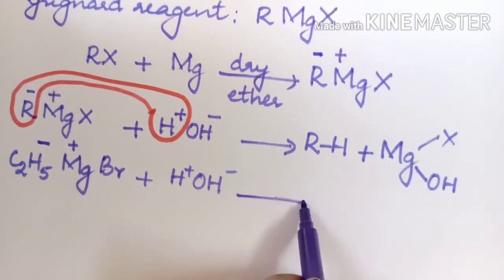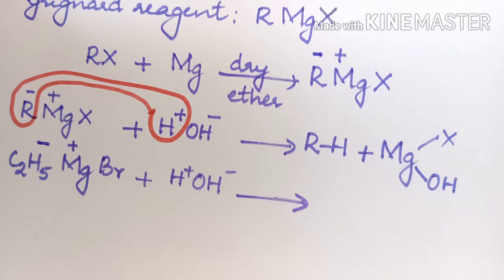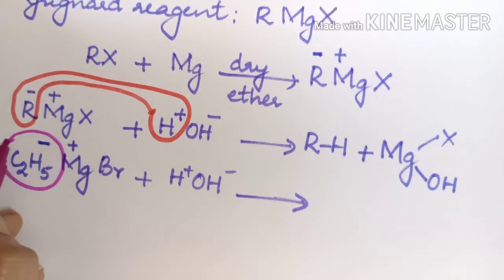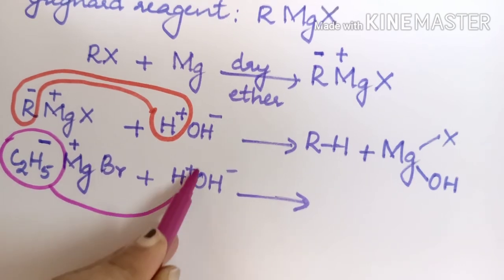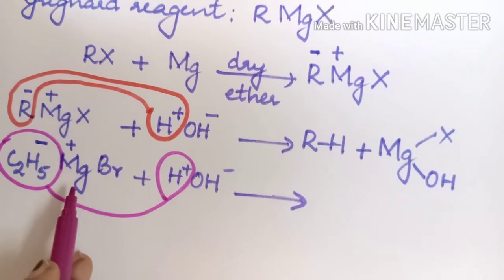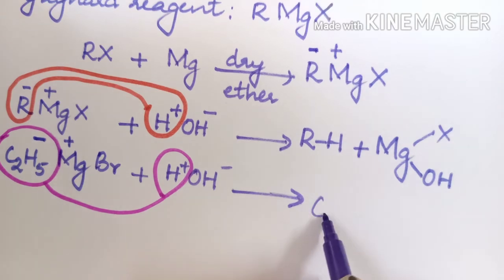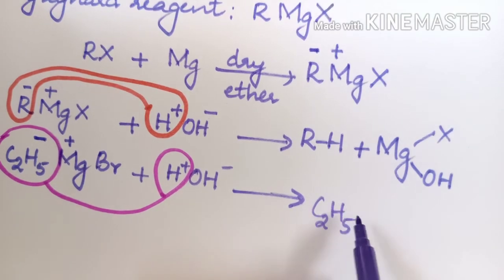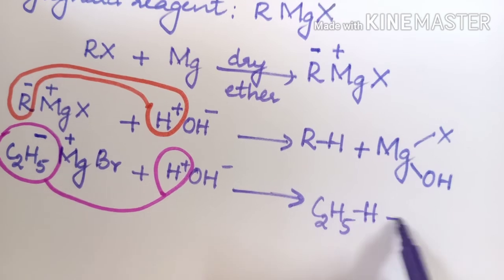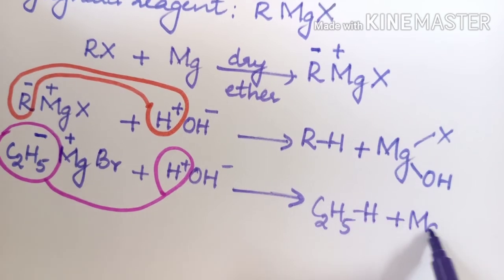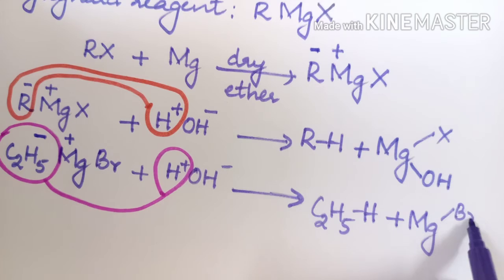So the product formed will be of the type C2H5 combines with H plus and MgBr combines with OH negative, and that results in the compound C2H5H plus MgBrOH.